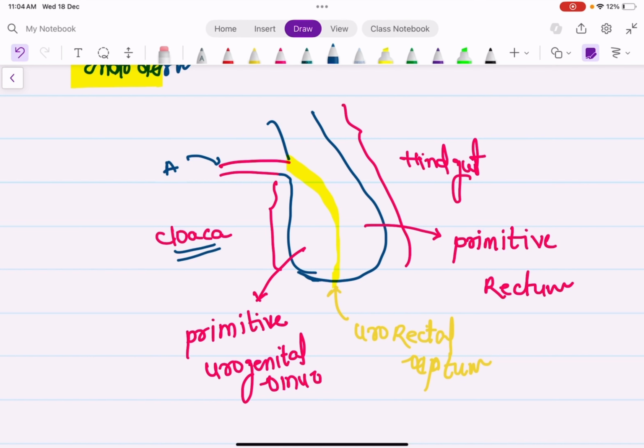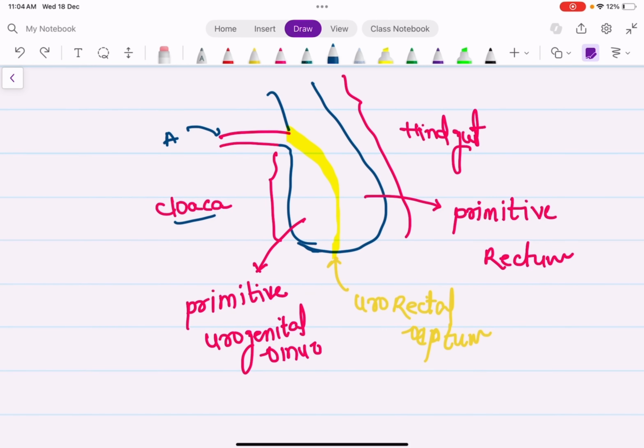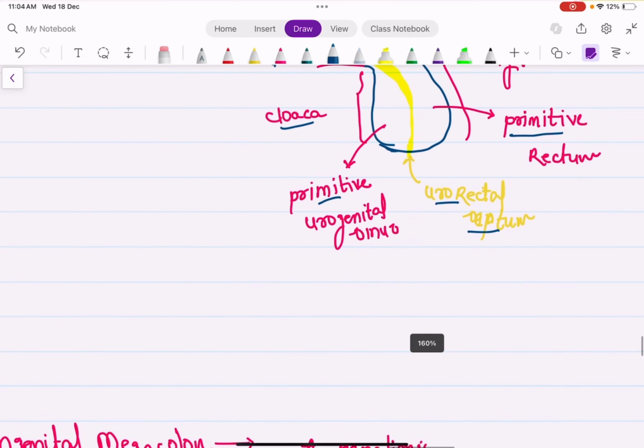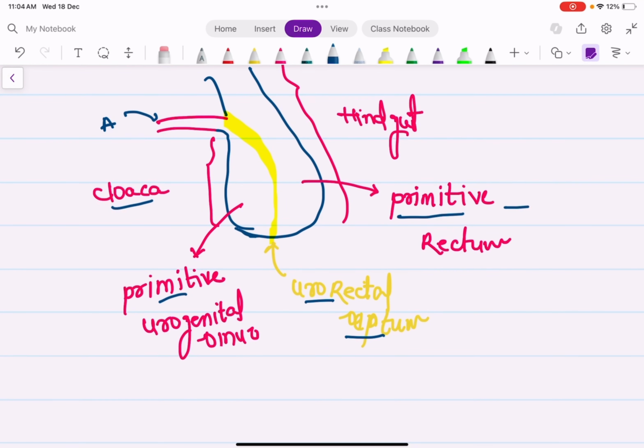Now there is a septum which divides the cloaca into two: the primitive urogenital sinus and the primitive rectum. This septum is called the urorectal septum. The primitive rectum forms the rectum and anal canal.